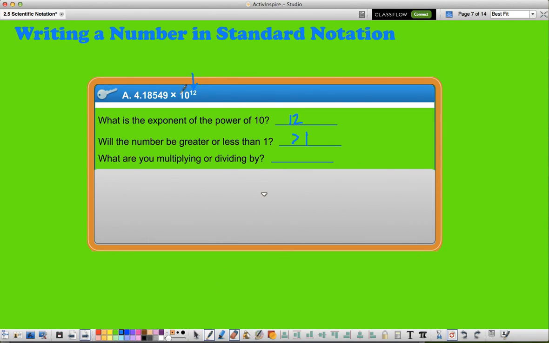Okay, since this is 10 to the 12th, I'm multiplying by 1, 2, 3, 4, 5, 6, 7, 8, 9, 10, 11, 12. So I am actually multiplying by this number. Okay, so I'm taking 4 and 18,549 hundred thousandths, and I am multiplying that by this number.